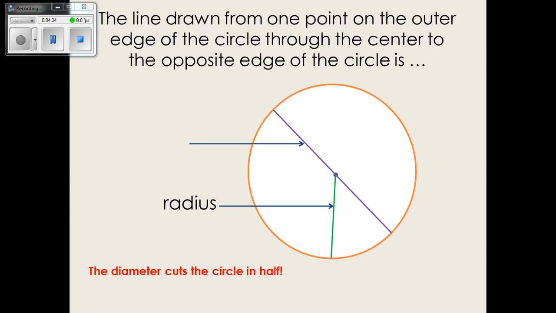The line drawn from one point on the outside edge of the circle through the center to the opposite edge of the circle is called the diameter. And the diameter cuts the circle in half. So this purple line here starts at one end, travels through the center, and then ends up on the other edge.